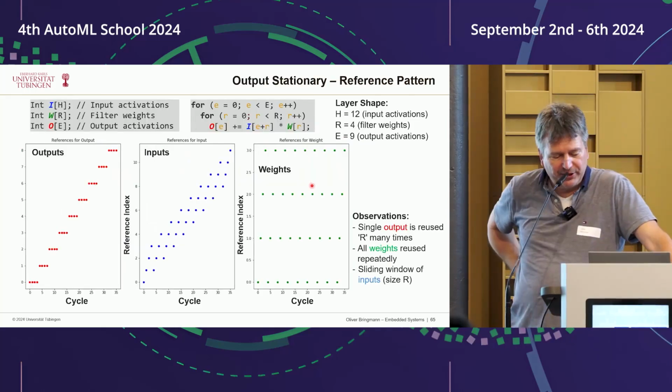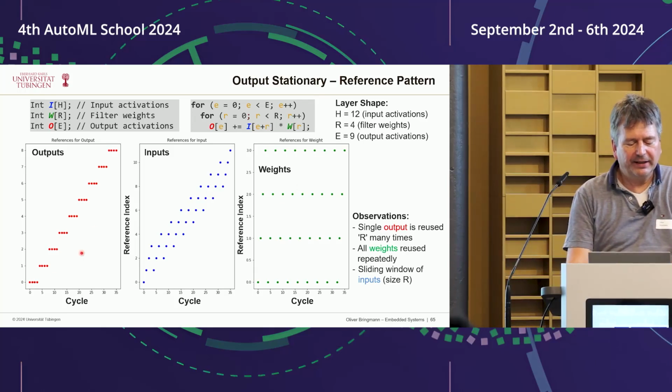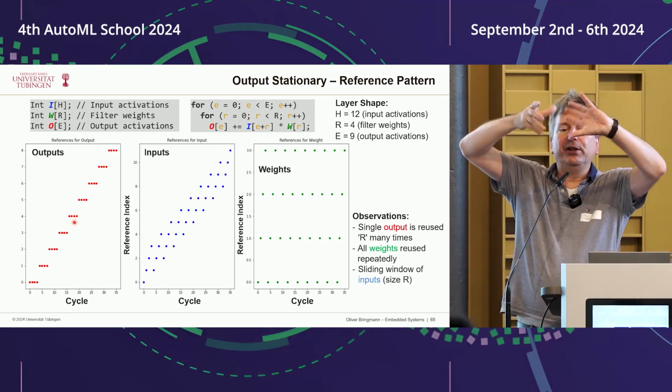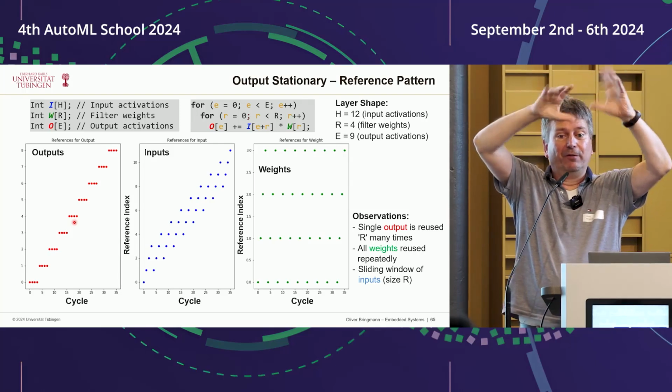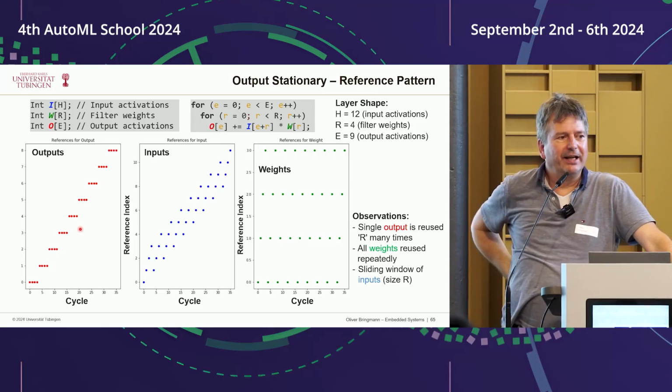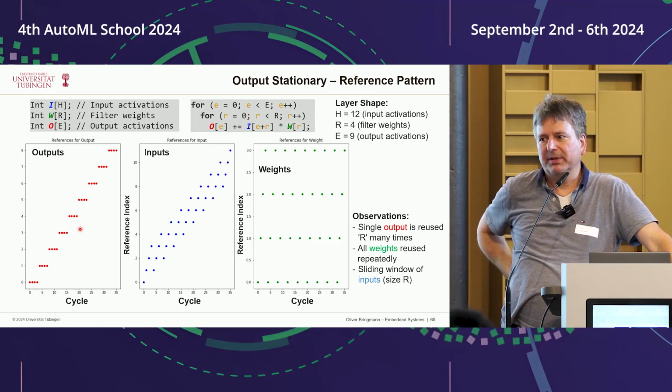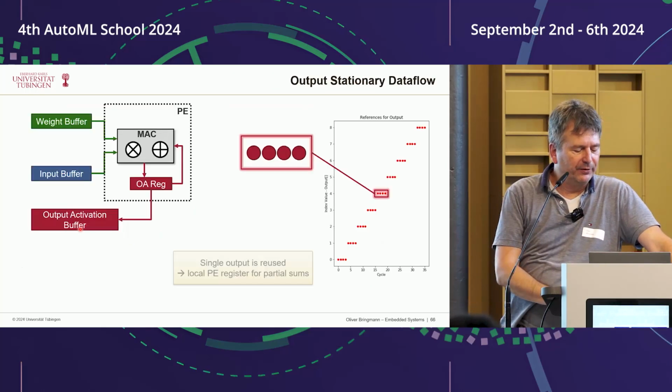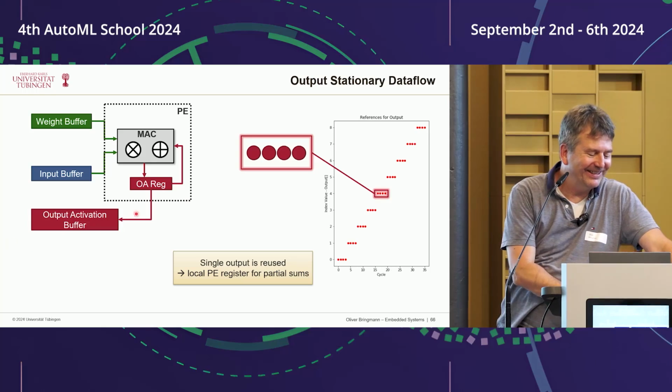Next, output stationary. Here you see, by just reordering the internal loops of our convolution operator, for example, I have different patterns, and then I can access the outputs multiple times. How to do that at the end? That's very easy.